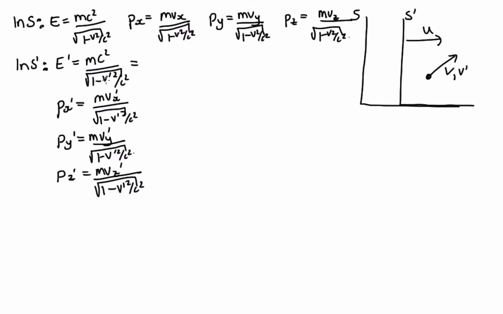Okay, so you can see that to simplify these expressions, we're going to have to work out this term on the denominator, the 1 minus v prime squared on c squared.